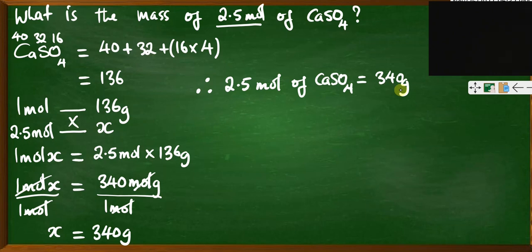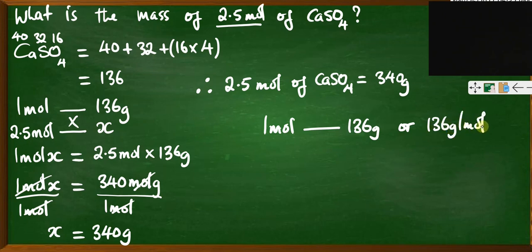Remember I said this one, mole, which I'm writing like 136 grams per mole, can also be written like this, 136 grams per mole. So this one I can use also. I can put it as a fraction.